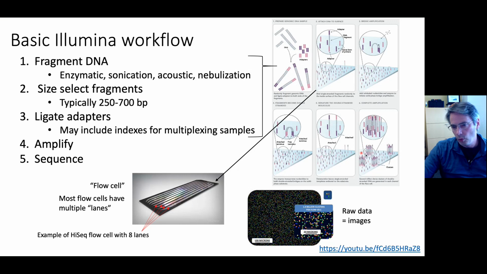And then the way the PCR is done sometimes allows these things to grow into each other, and so you get what are called clusters. The way the data is actually collected is you do this amplification on the slide, and it grows clusters of the same sequence near each other.